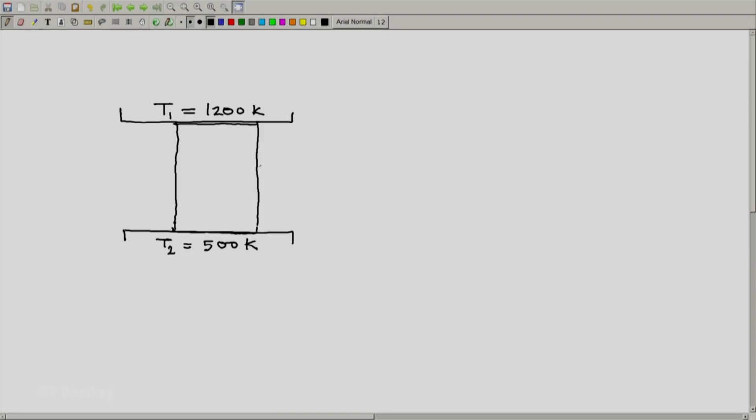So the intervening space happens to be our system. So this is the so called conductor, and let us say that conductor itself, or that intervening space, is our system, and the heat transfer from this reservoir to this reservoir, Q dot, is given to be 150 watts.